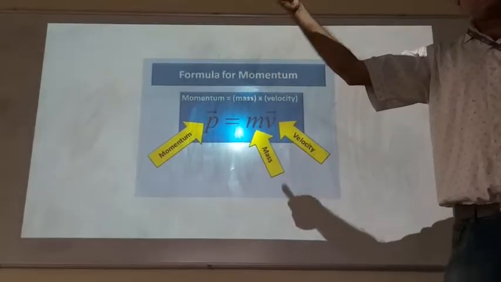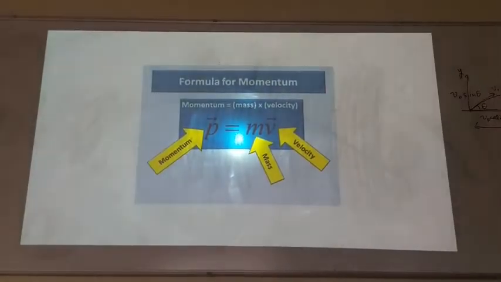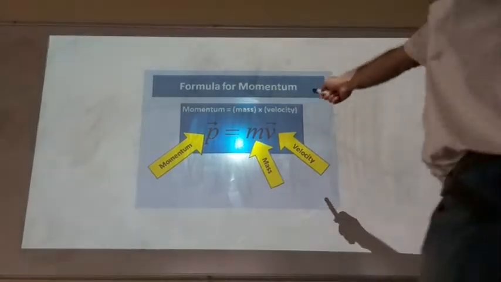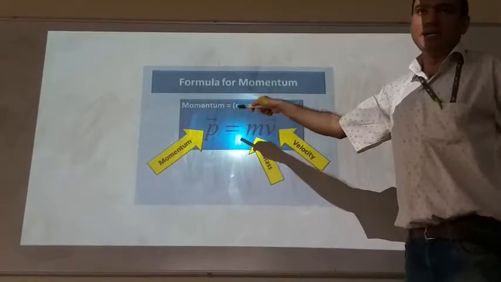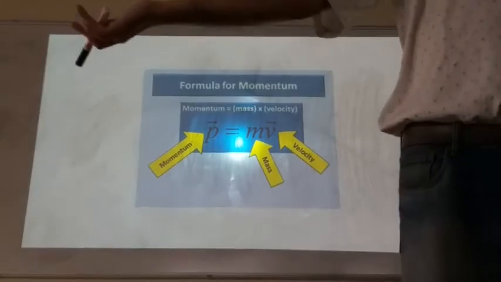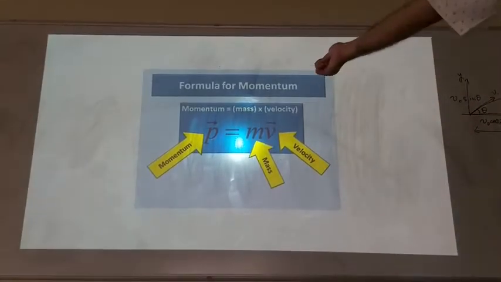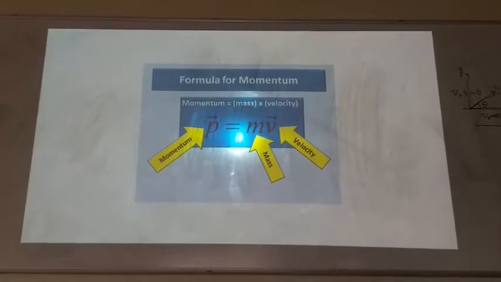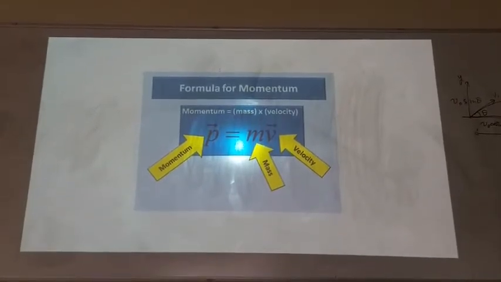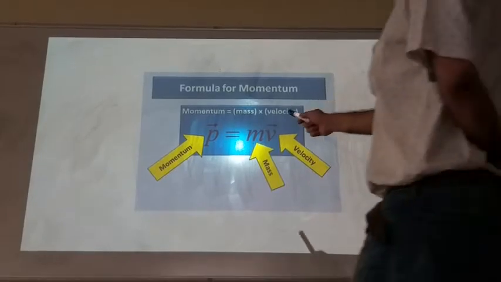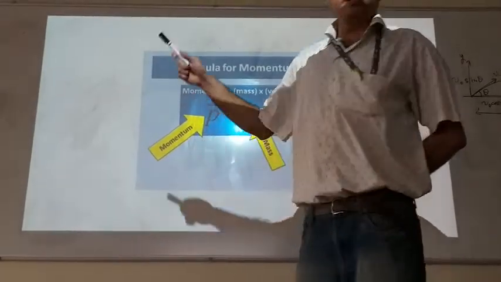Remember, whenever you multiply a vector with a scalar, the resultant is again a vector. We're just multiplying the velocity vector in this case with a scalar quantity, which is the mass. The resultant is again a vector. So these things are crucial to keep in mind.